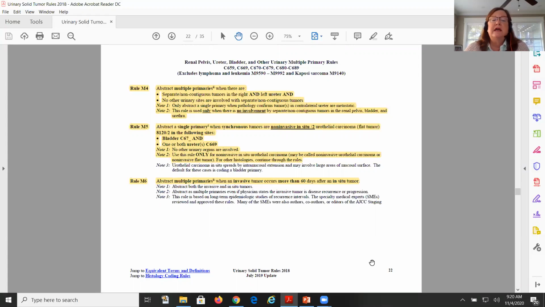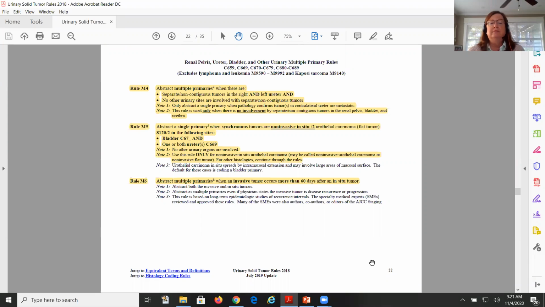This applies to 8120/2 and not 8130/2. So your histology is 8120/2, and the sites are the bladder and one or both ureters. So this would be a single primary. No other sites involved other than the bladder and one or both ureters.